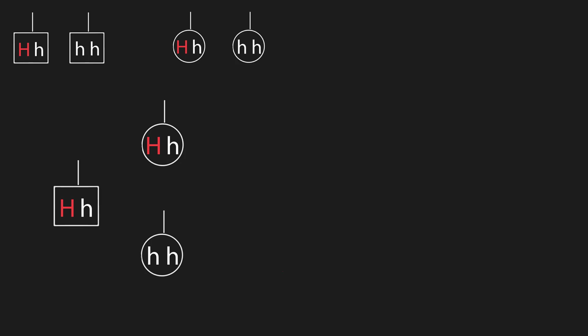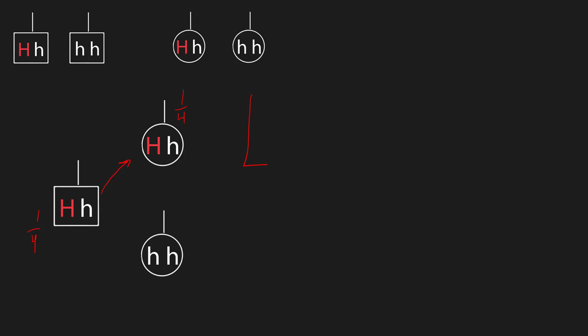So we know from the previous slide that the probability of getting this individual is 1/4. The probability of getting this daughter with this genotype is also 1/4.